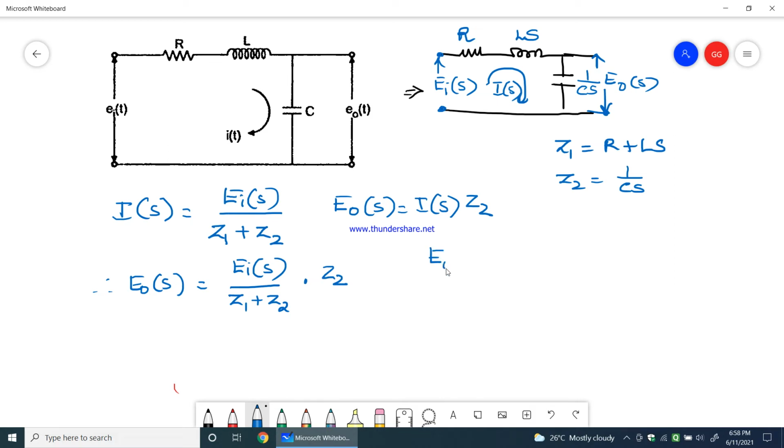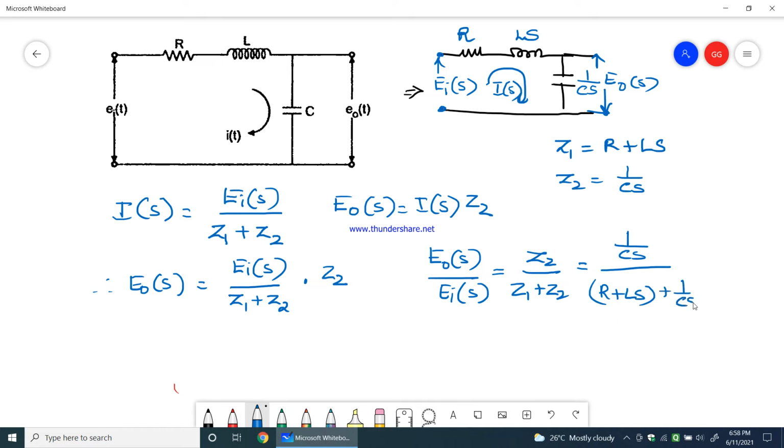Therefore, E out of S by E in of S would be equal to Z2 by Z1 plus Z2, which is equal to 1 over CS divided by R plus LS plus 1 over CS.